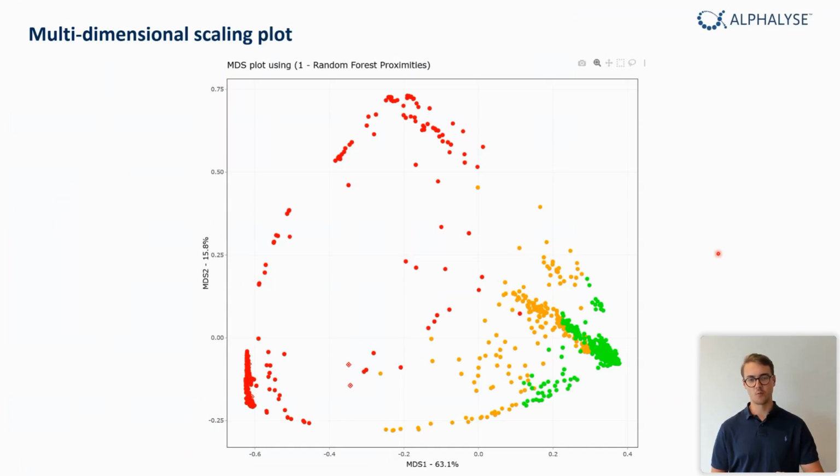So this is what the machine learning model actually sees, and it visualizes for the user even the smallest differences in these samples. So I'm sorry if you're colorblind, but in this area here, we have the green samples, which are classified as good. In the middle here, we have all of the potential not good, not bad samples, and on the left over here, we have all of the bad classified samples.